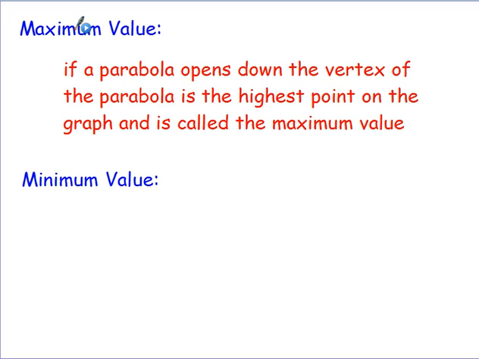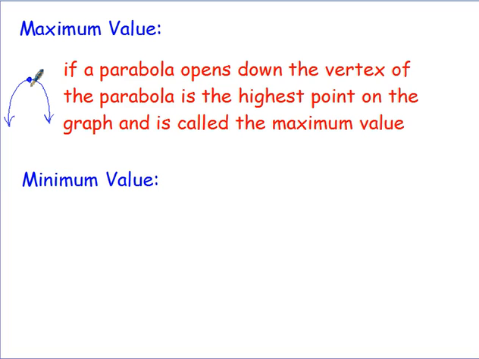So a maximum value: if a parabola opens down, in other words, it looks like this, I call it a frowny parabola, the vertex of the parabola, which is the dead center, is the highest point on the parabola, which you can obviously see, and so we call it a maximum, and it has a maximum value.